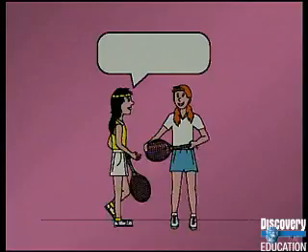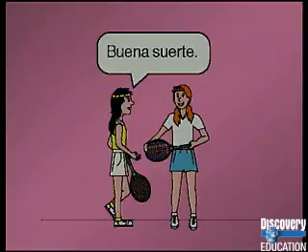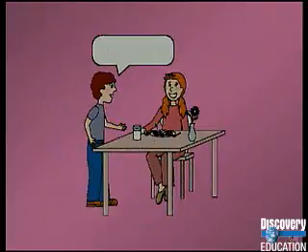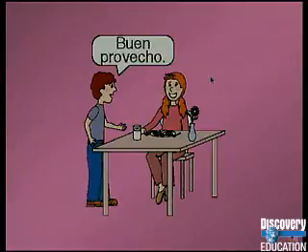Okay. Now if somebody is going to go out and play a game of tennis, what do you tell somebody? Tell them, good luck. Y en español, buena suerte. Repitan todos. Buena suerte. Okay. Well, now here's someone eating. He wants to come up and say something nice to her. What is he going to say? Buen provecho. Repitan todos.